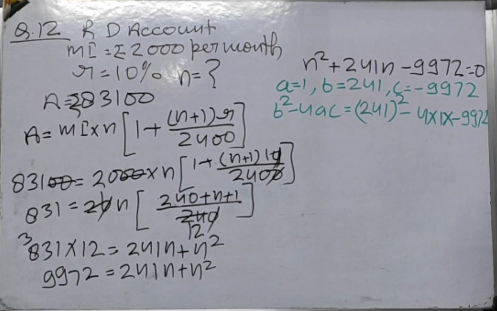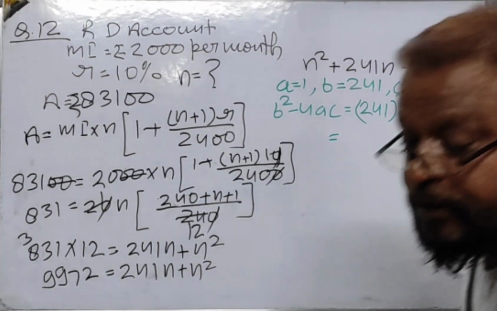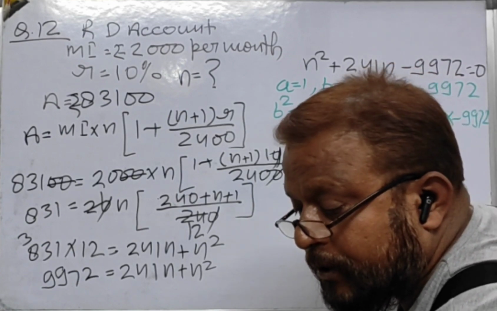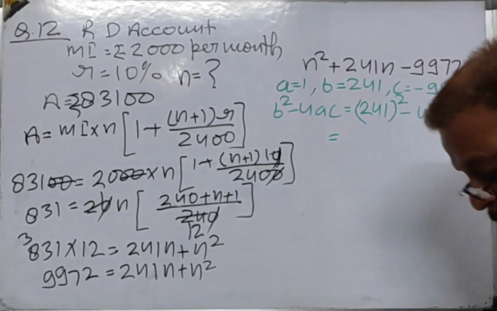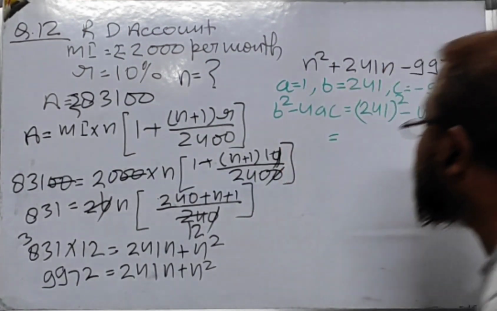So what we will do now, can you get the square of 241? So this is 241 into 241, it is 58,081.